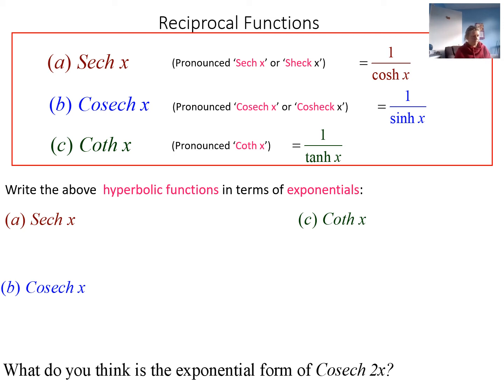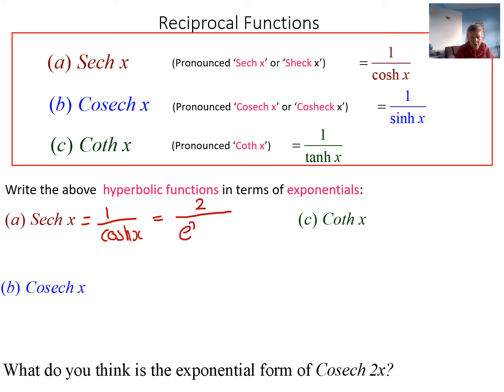Right. Well, we know that is 1 over cosh. We know what cosh is. Cosh is a half of e to the x plus e to the minus x. So just 1 over that. So the half, the 2 pops to the top.